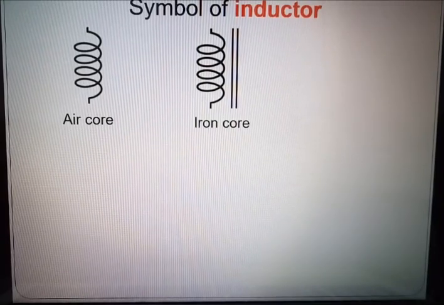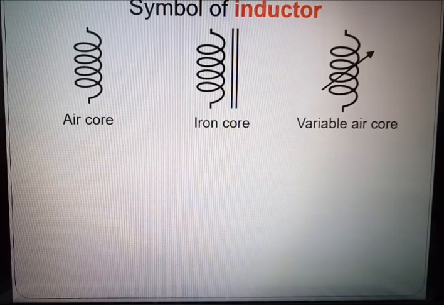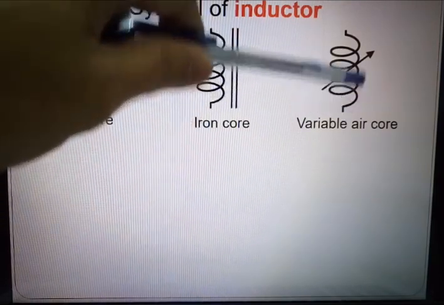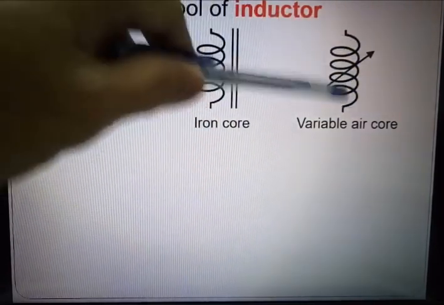And then we have another symbol of an inductor, which is called a variable air core, meaning the inductance of this inductor can be changed.